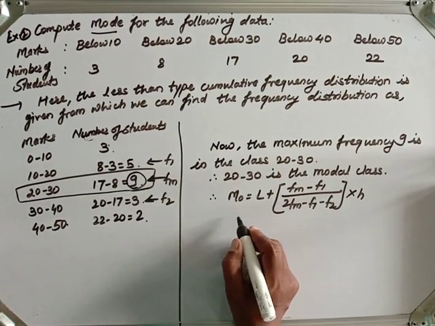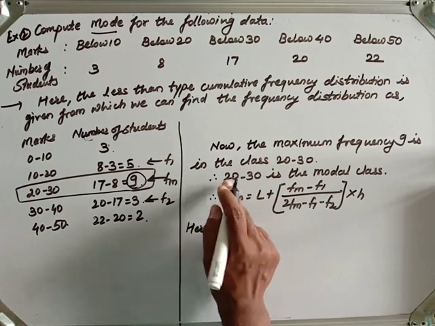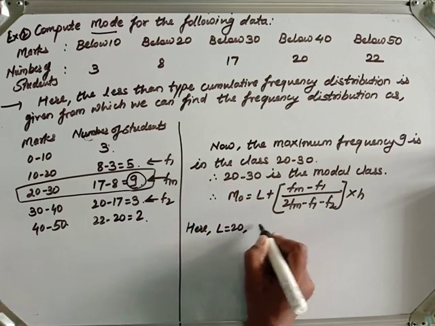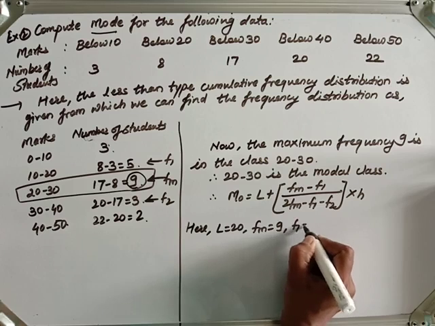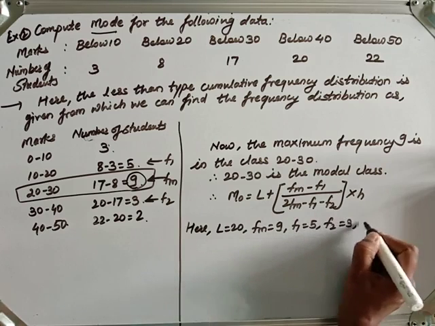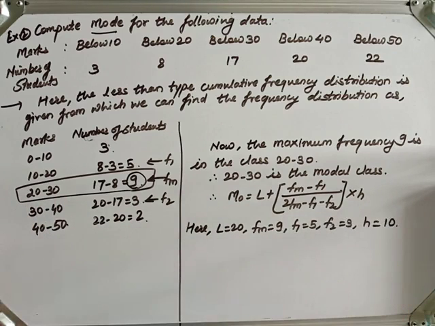And L is 20, the lower boundary of the modal class. So L is 20, Fm is 9, F1 is 5, F2 is 3, and H is 10. It is the same everywhere.